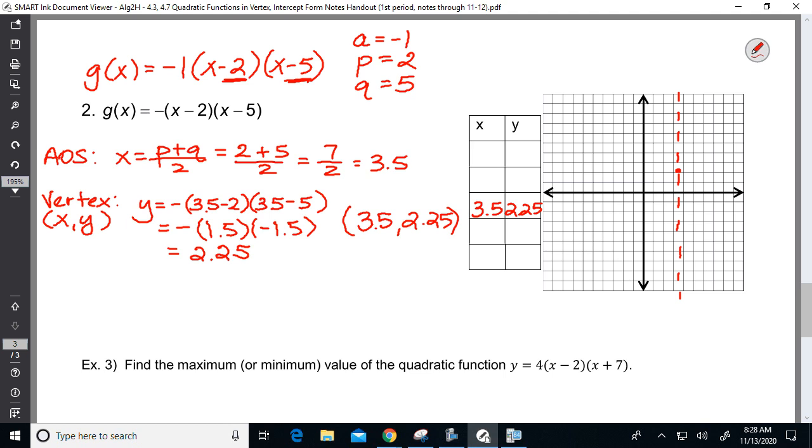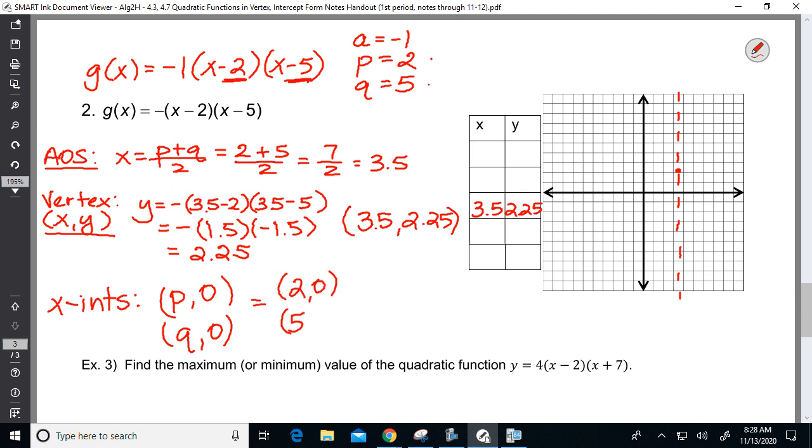Alright, so we got axis of symmetry, we got the vertex. Now we need our x-intercepts, which is p comma 0, q comma 0. So we know what our p and q are, so that's 2 comma 0 and 5 comma 0.